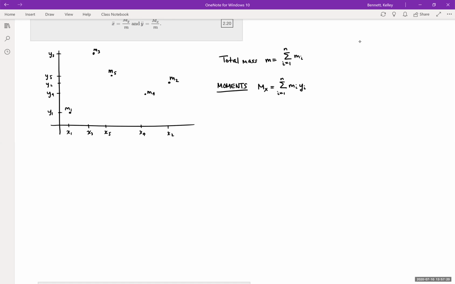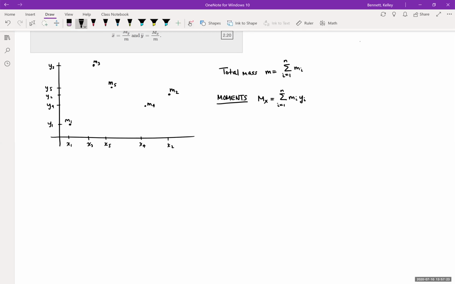Right, so you're just adding up the product of each mass by its height. So it's like you're thinking about the product of the mass itself times the height, the mass itself times the height, et cetera, and so on. And so you're adding up all of these values, and then that will create for you the moment about x.